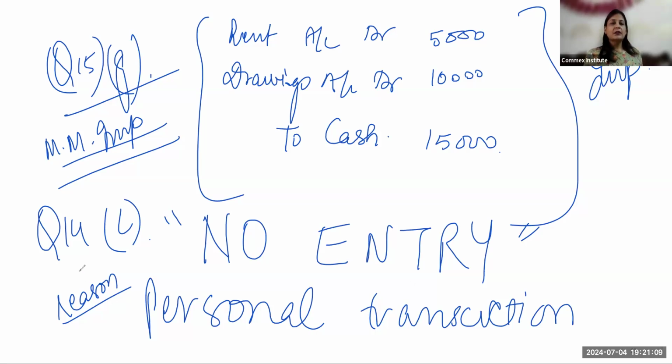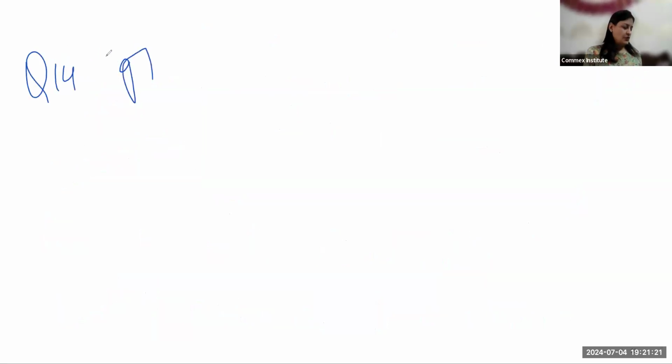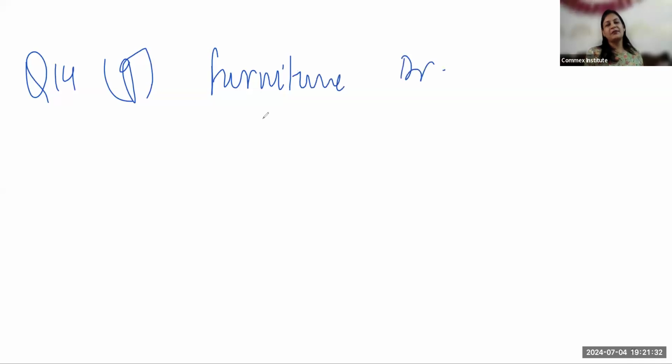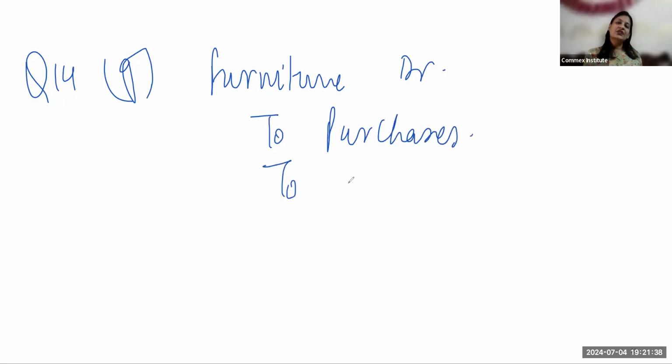Question number 14, G is again important. Please see the 14th G entry. I'm removing this question 14, G entry. 15,000 were used to make furniture and wages paid. So it'll be furniture to purchases to cash.